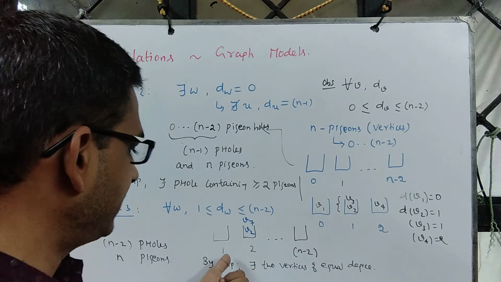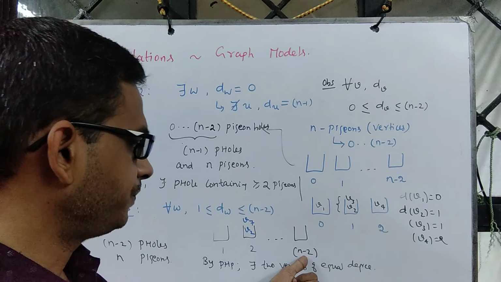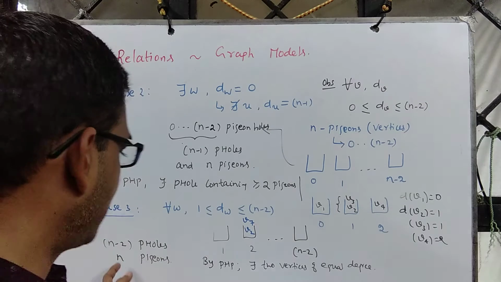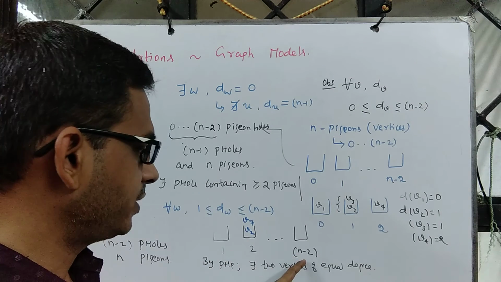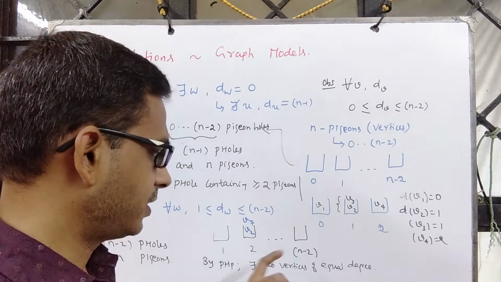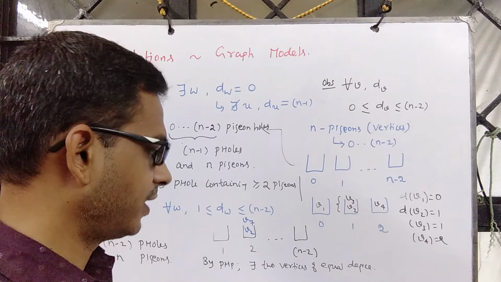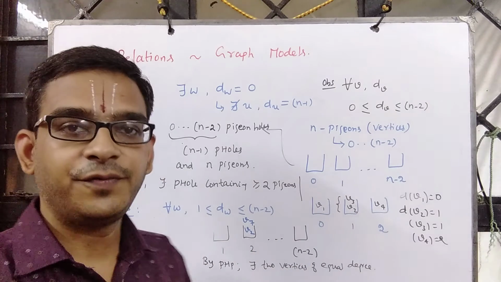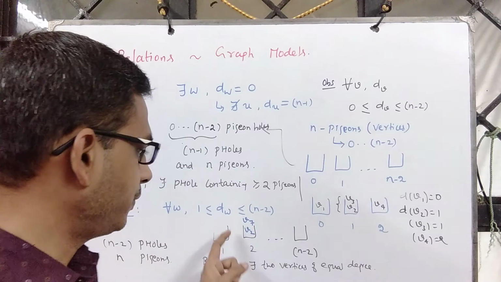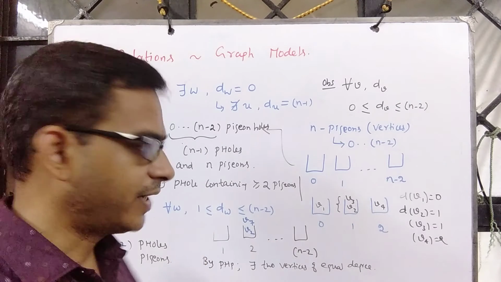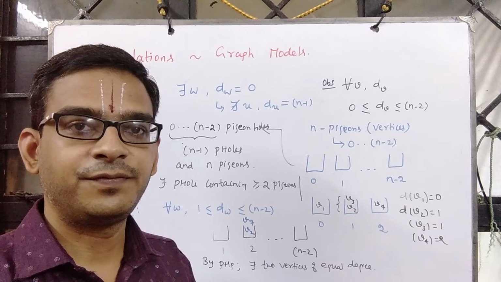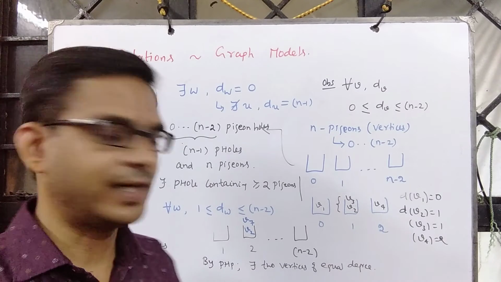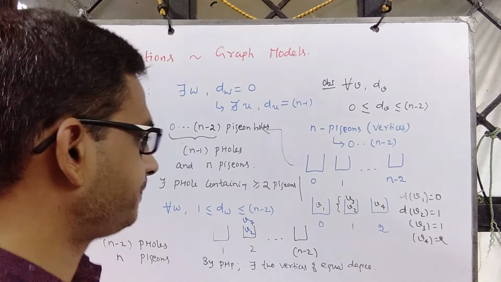Now the possible degrees are 1 to n minus 2, and there are n vertices. So in fact, the number of PGN holes is at least 2 less than the number of PGNs. So you see that in any distribution, we will find 2 vertices mapping to some PGN hole. The label of that PGN hole will tell you the value of the degree, meaning we say equal number of friends, the value of that number is given by the label.